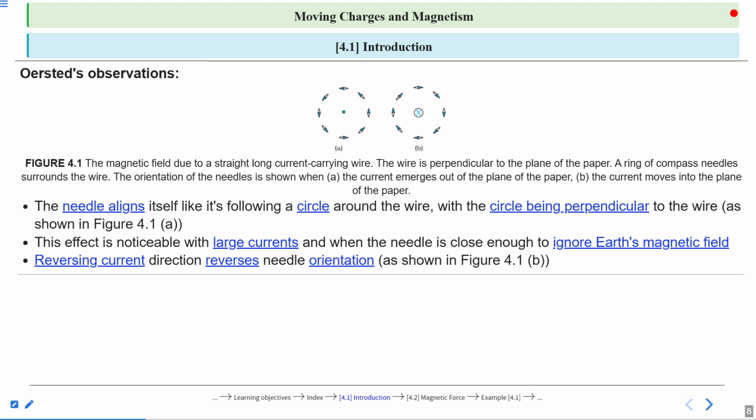You can see in diagram A, north is pointing in the anti-clockwise direction, but in diagram B, north is pointing in the clockwise direction. So reversing the current direction reverses the needle orientation.